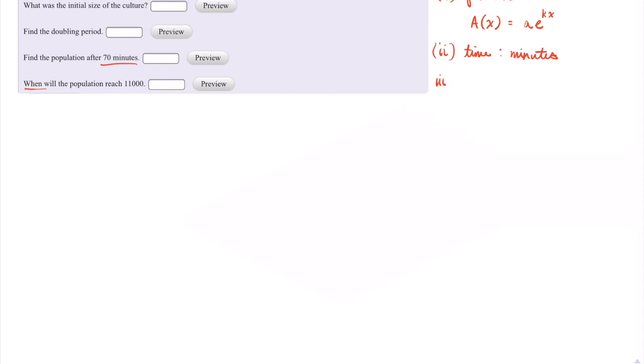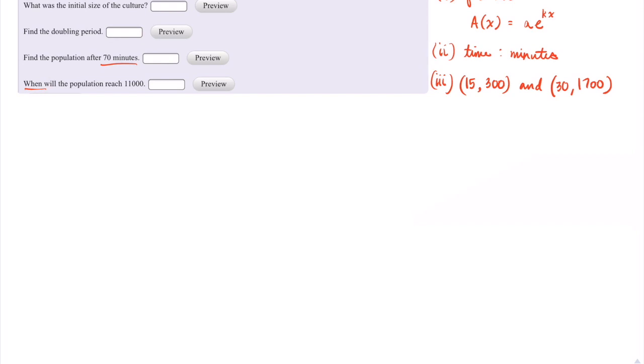And the last thing I think we need to note here is that there are two pieces of information. They give us that when the time is 15 minutes, the culture was 300, and when the time was 30 minutes, the culture was 1700.